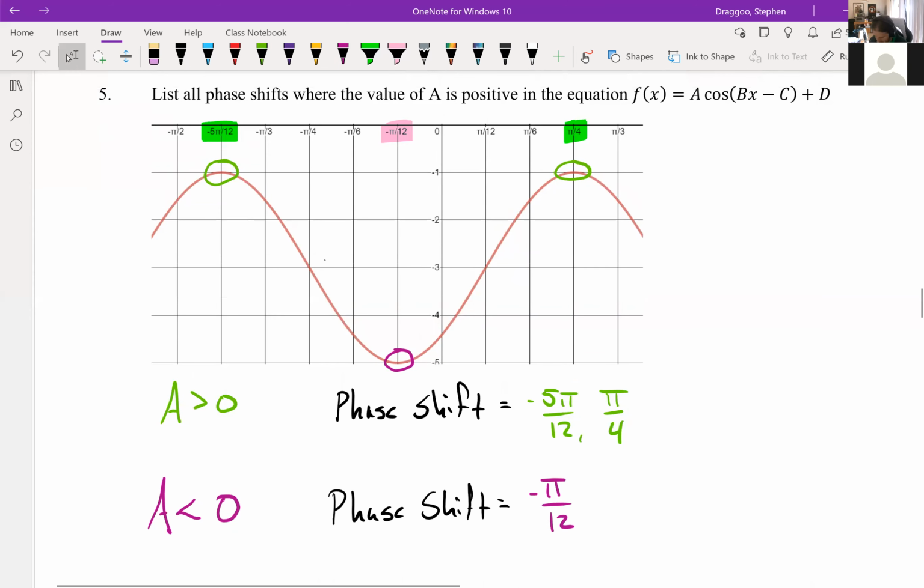And once again, we were looking at cosine, which means I want to look at maximums and minimums.